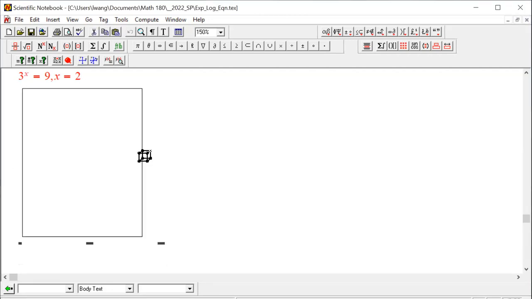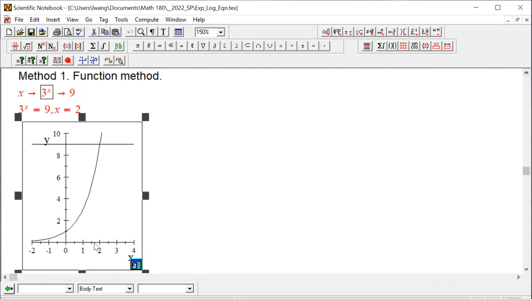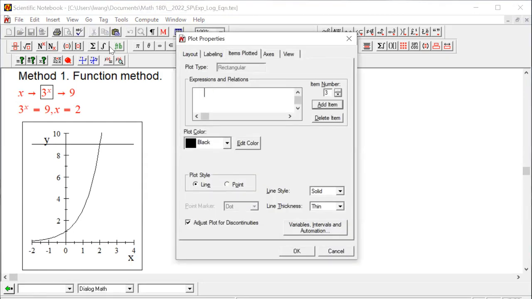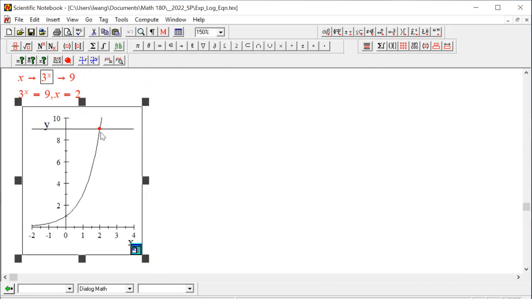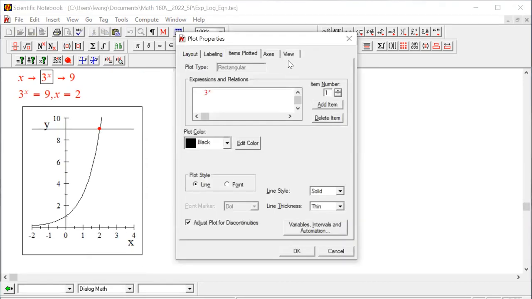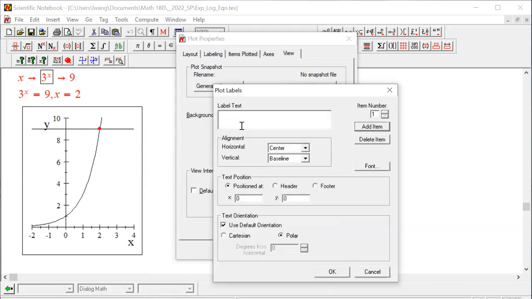Here I'm going to draw the graph and put the point, so it doesn't move around. This dot, x is 2, y is 9. Let's make it a red dot. That's the solution, and we can mark it: 2, 9. Do we have other inputs?